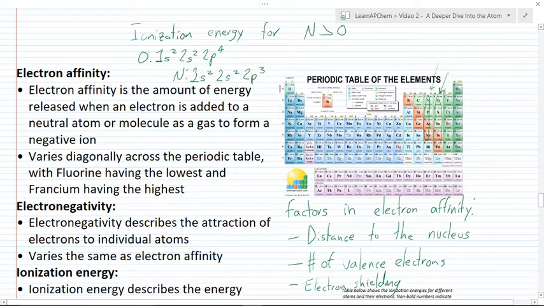So it's easier to remove an electron from oxygen and make it more stable as opposed to nitrogen.